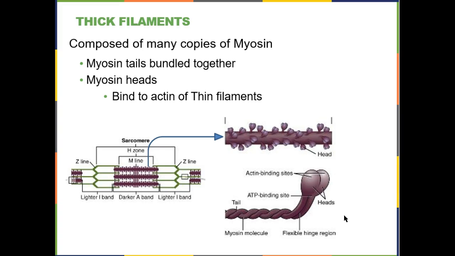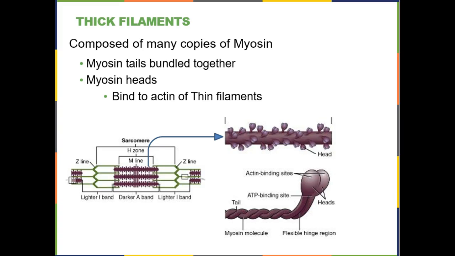This is a protein that has what you would call quaternary structure because there are two golf club shaped polypeptides or amino acid strands that get twisted together to make the mature molecule. So here you see the tail with the heads pointed in this direction, and that is what this side of this thick filament looks like.